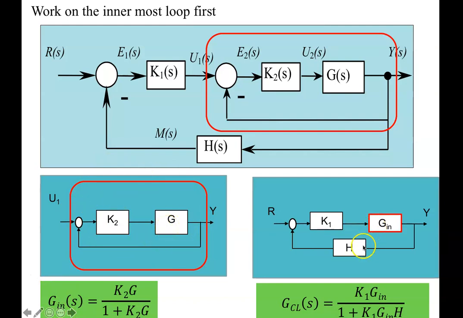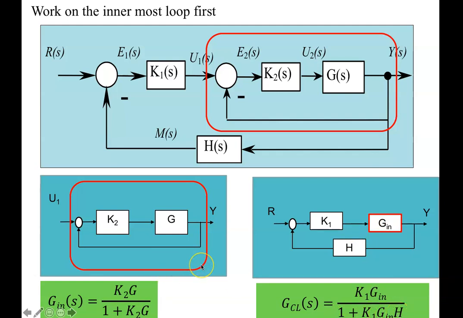So the transfer function from R to Y will be forward path K1 times GIN in the numerator. In the feedback loop, I have 3 terms, K1, GIN, H. So that's 1 plus K1, GIN, and H.